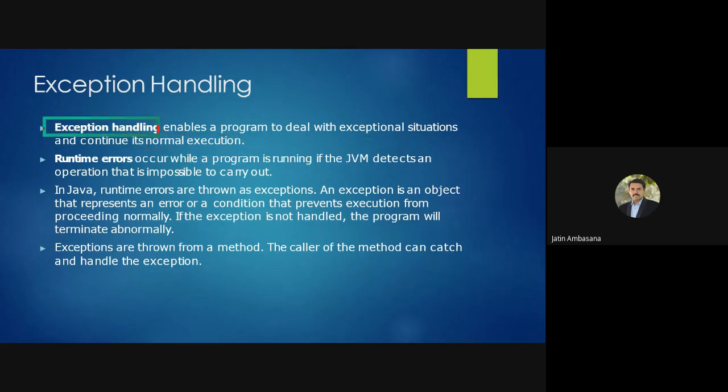Exception handling. When you have this kind of sequence and in between the control exits, let's say due to an exception or due to an error, what we can do is handle it, and then the control can be sent back to the next instruction.